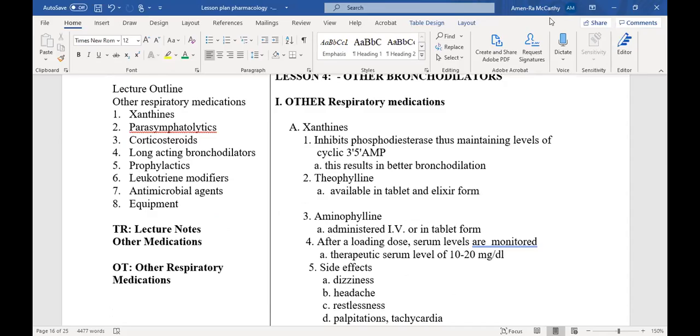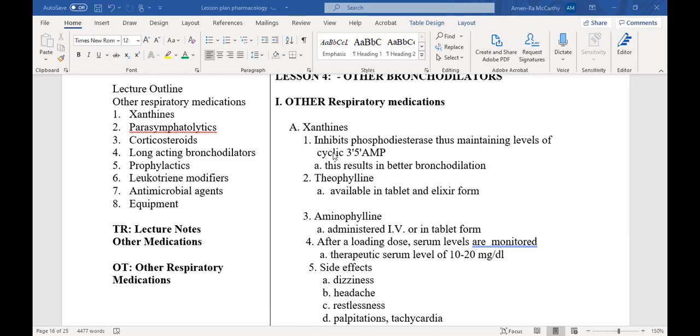Xanthines. Miss Woods, tell me what xanthines do. It inhibits phosphodiesterase, thus maintaining levels of cyclic AMP. Good. Cyclic 3,5 AMP. Don't forget that, because there's a difference between 3,5 and 5. All right.